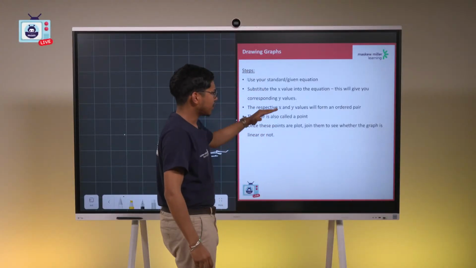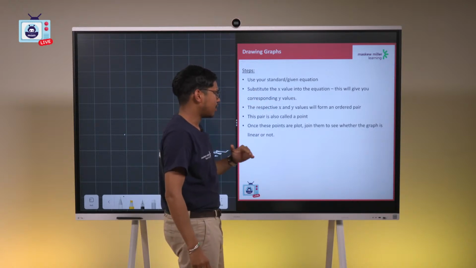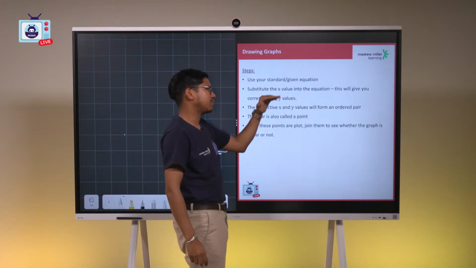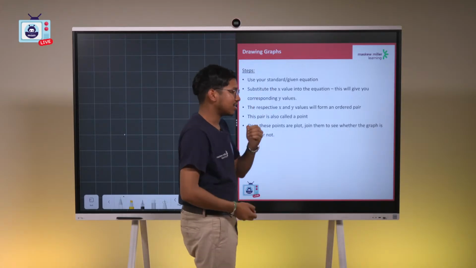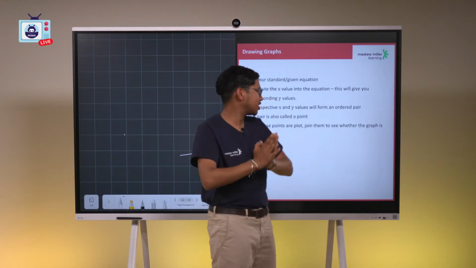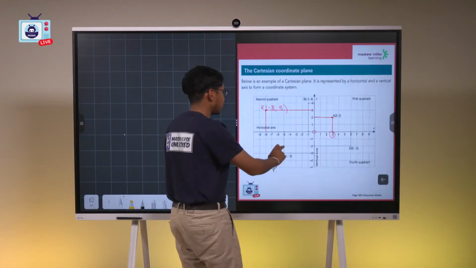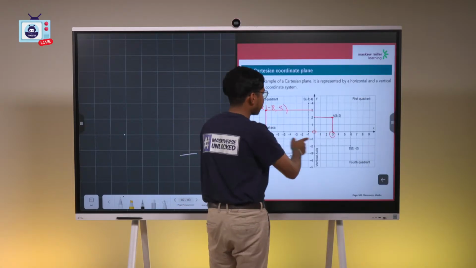So we can also do it the other way around. We can substitute a y value, right, and we can get an x value. So we can be given a y value, we can substitute the y value into the equation to give us a corresponding x value, all right? This pair is called a point, so we've dealt with points here.